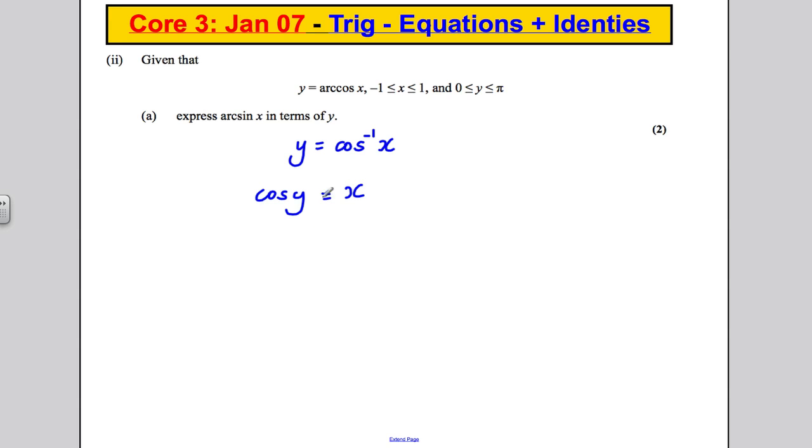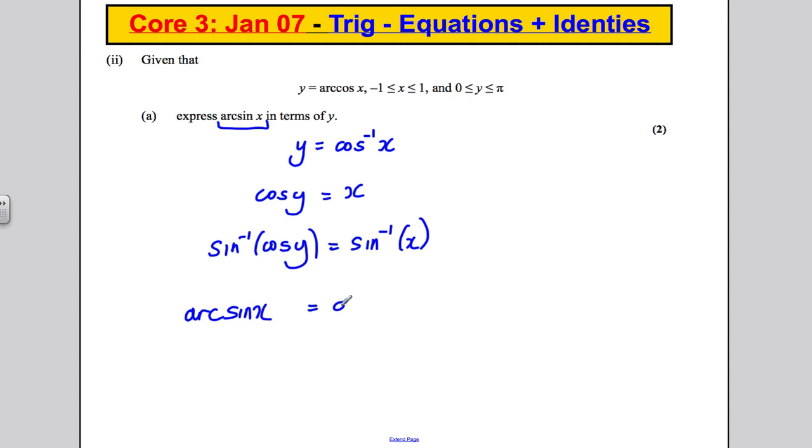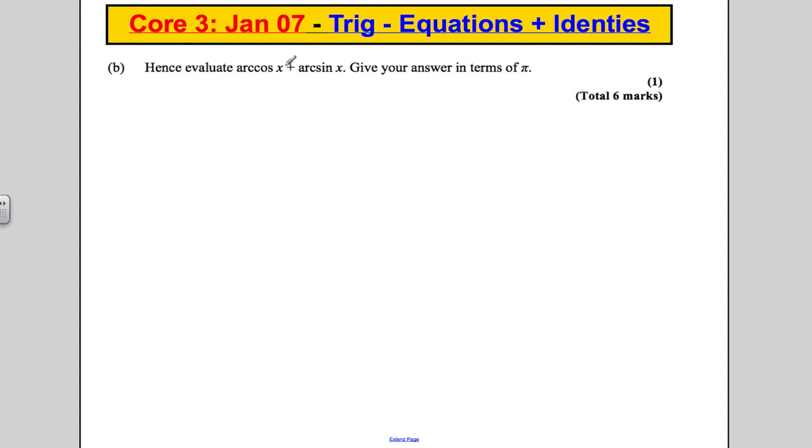And therefore, if I take inverse sine of both sides, inverse sine of cos y must be inverse sine of x. And that's what I was looking for, arc sine in terms of y, i.e. arc sine of x must be equal to arc sine of cos y. Quite simple question.